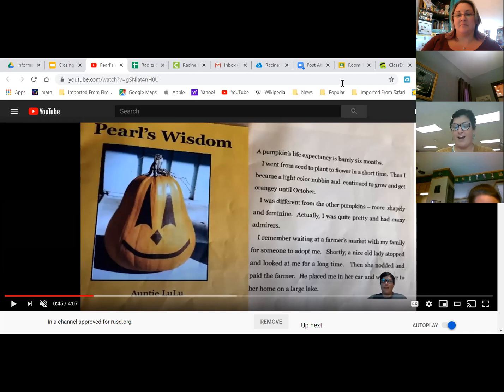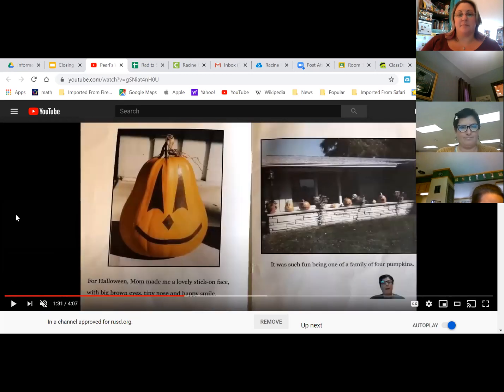He placed me in her car and we drove to her home on a large lake. Missed a word and it didn't make sense. For Halloween, Mom made me a lovely stick-on face with big brown eyes, a tiny nose, and a happy smile. That pumpkin makes me happy.